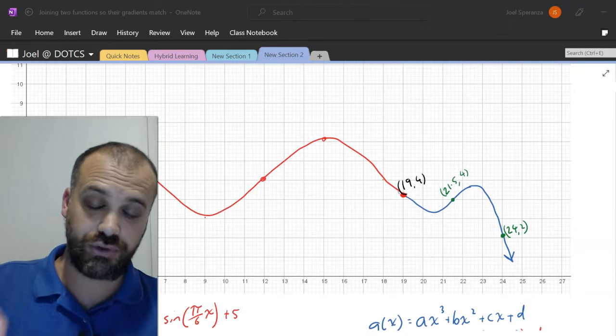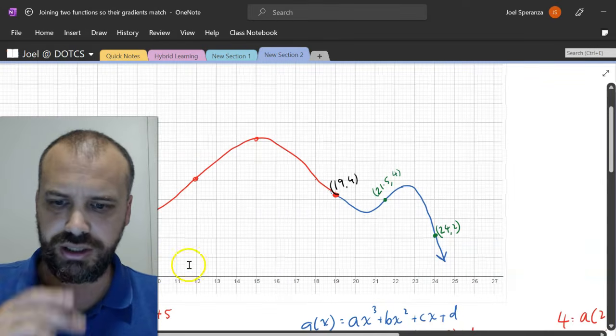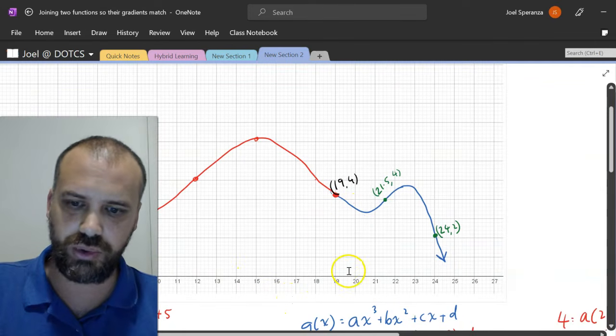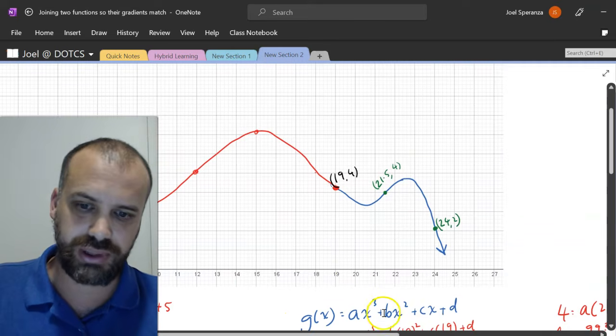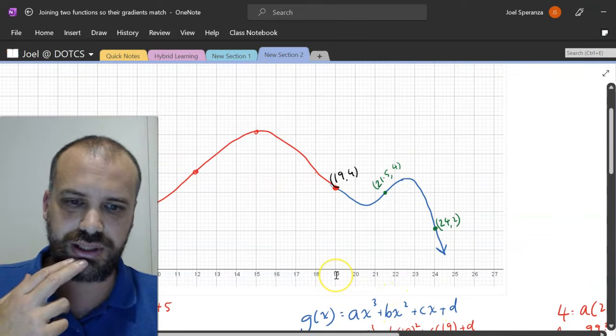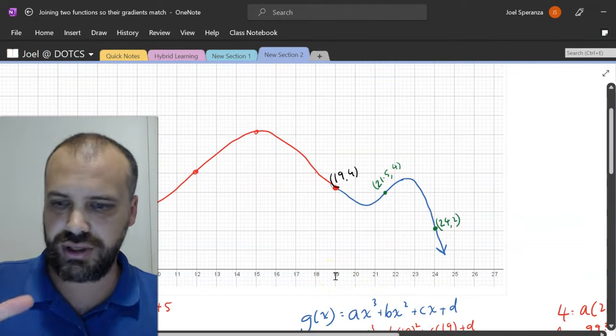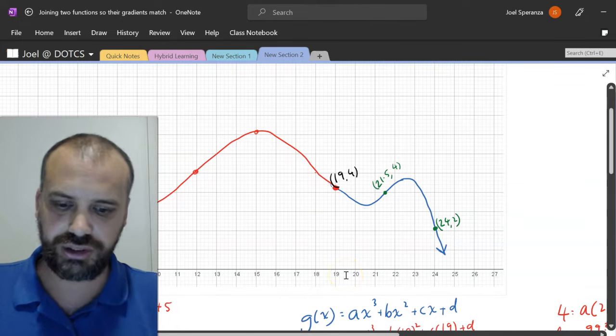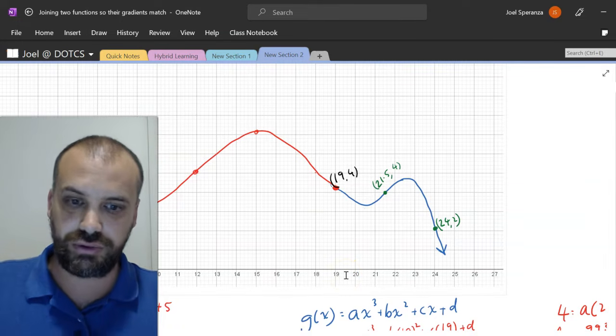Alright, so this is actually future Joel, just mentioning that in this particular instance I'm working with a cubic, so I'm working with ax cubed plus bx squared plus cx plus d. But I can do anything if I'm trying to connect any function to any other function. I just need to write its general form.